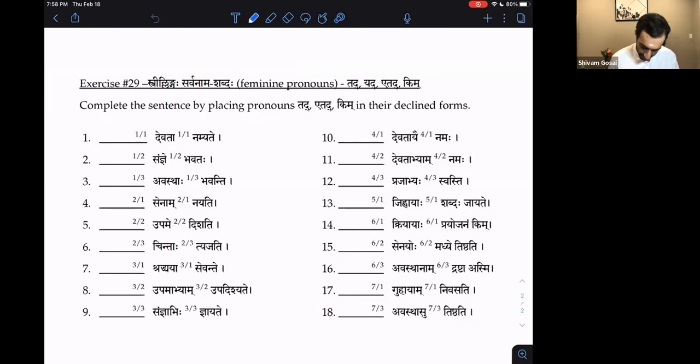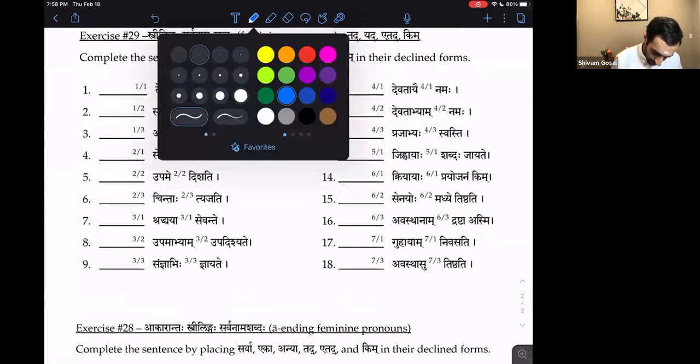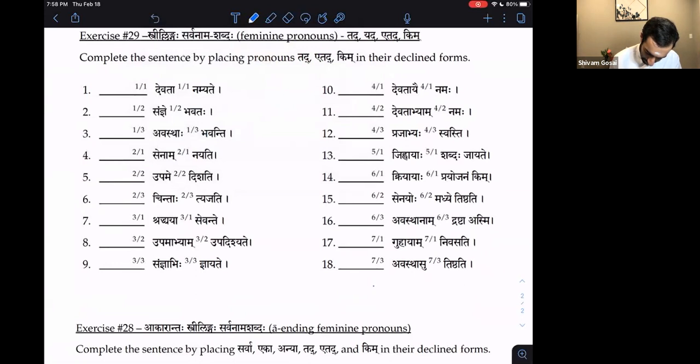So I'll write that. So I have to add one more loop. Drashtr. There's the vowel r. Drashtr 1-1 becomes drashta. So this is 1-1. Means the seer.